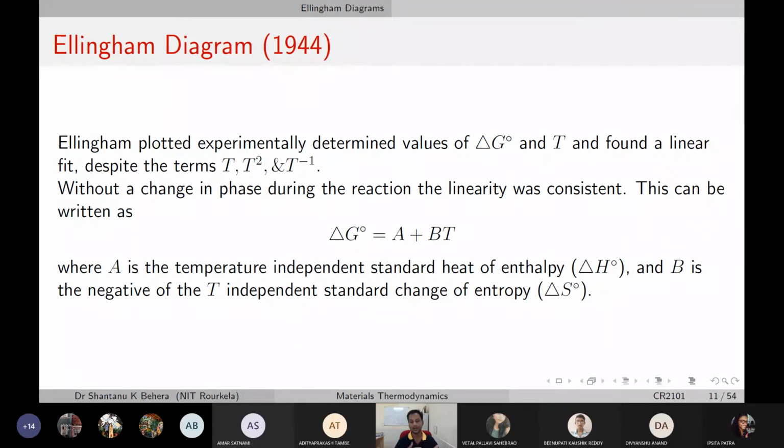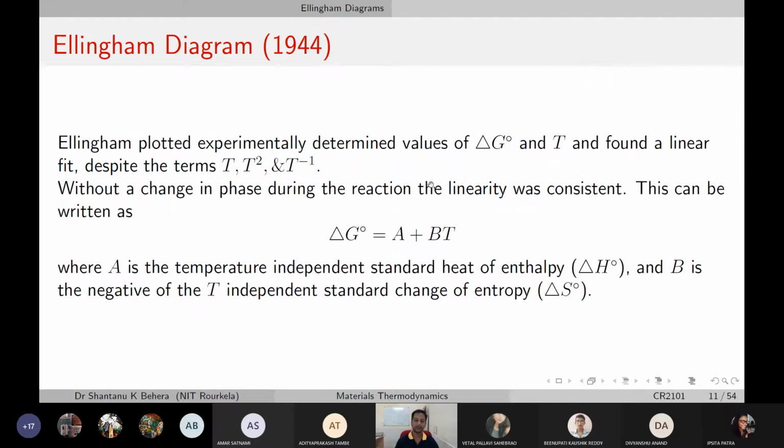And that means the reaction is for the oxidation of metal reacting with oxygen, forming an oxide, right? And the interesting thing that he figured out is that the relationship between del G and temperature was linear.